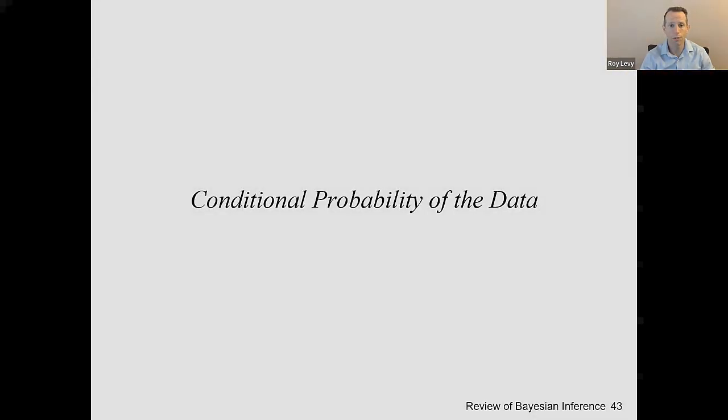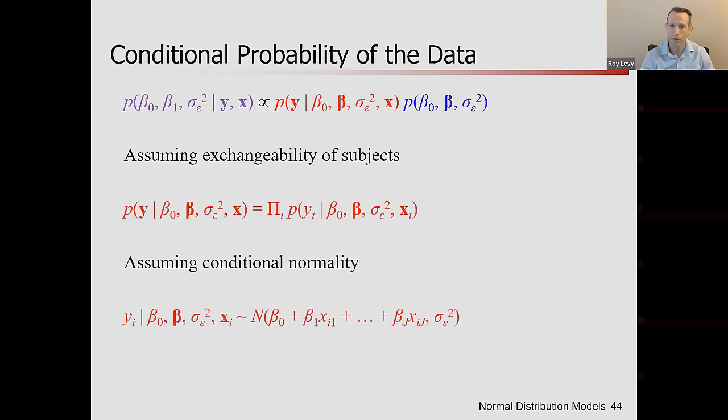Let's go through the terms. What's the term in red? It's the conditional distribution of the outcome variable y given all the parameters and the predictors.